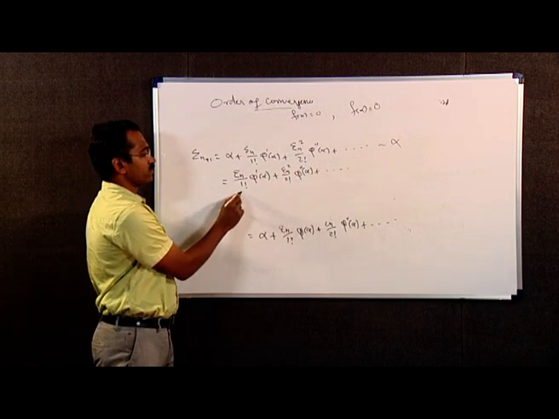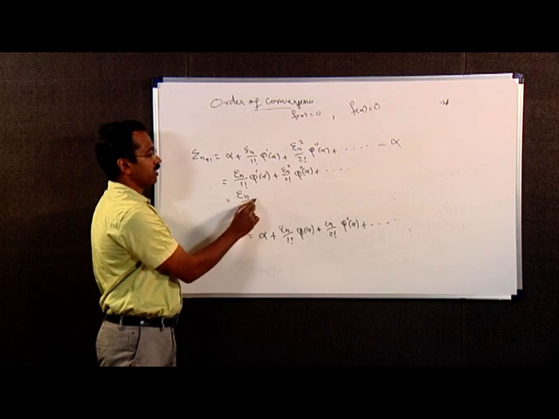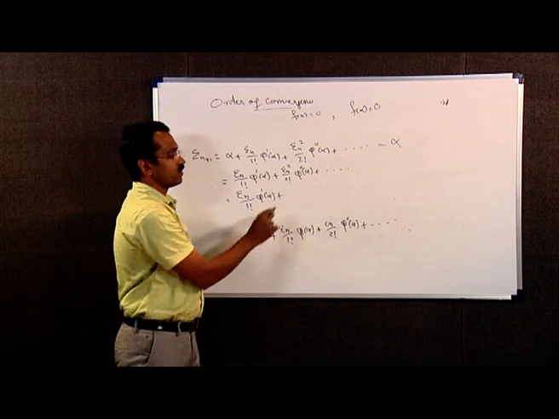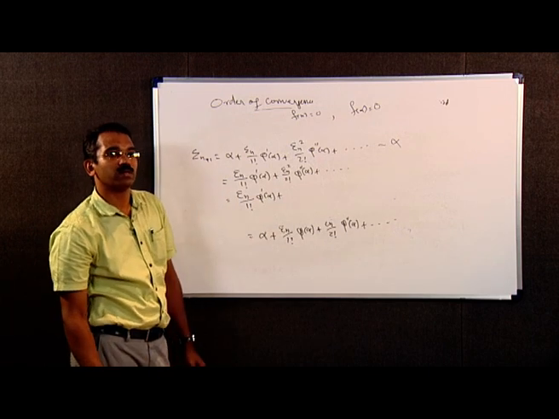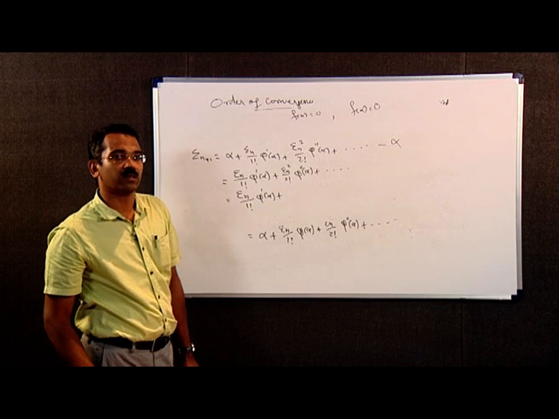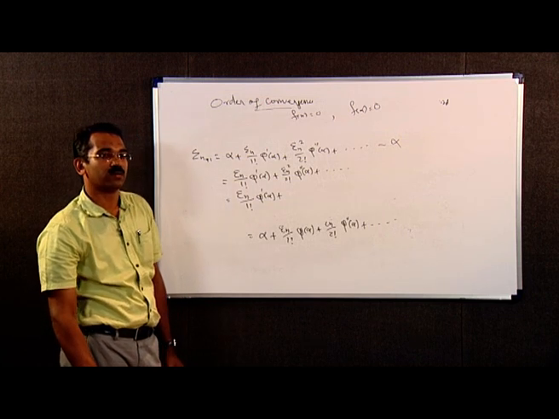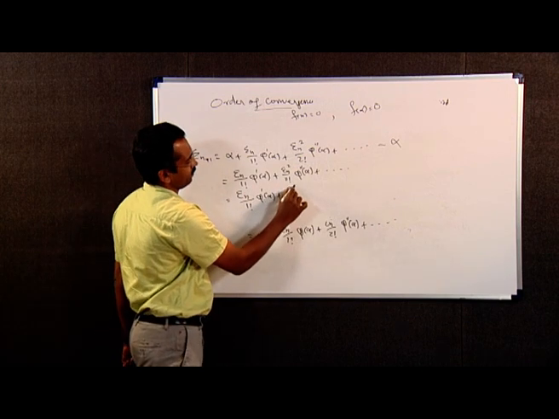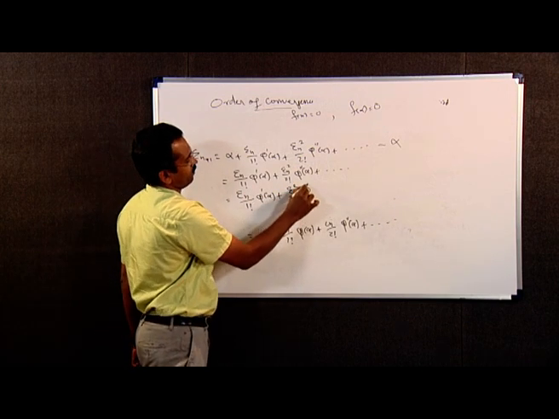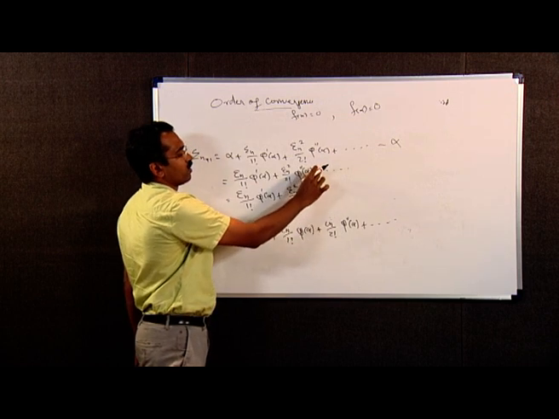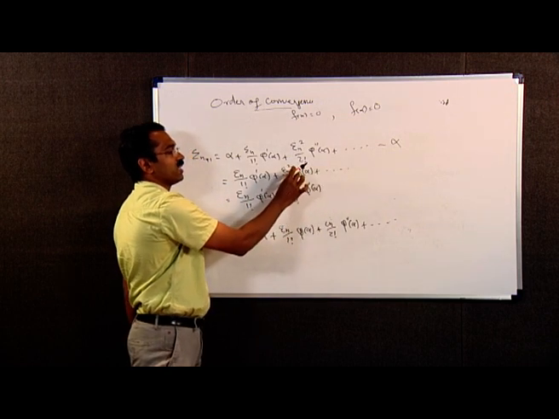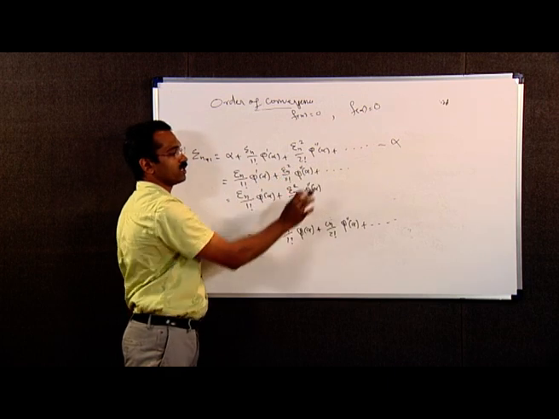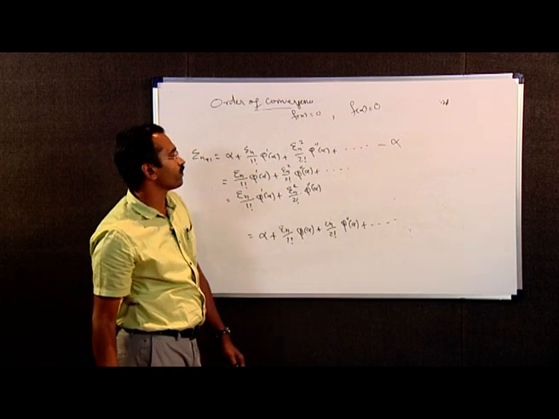That is equal to epsilon n by 1 factorial into phi dash of alpha plus epsilon n square divided by 2 factorial into phi double dash of alpha. After this term, the next term is epsilon n cube divided by 3 factorial into phi triple dash of alpha and so on.